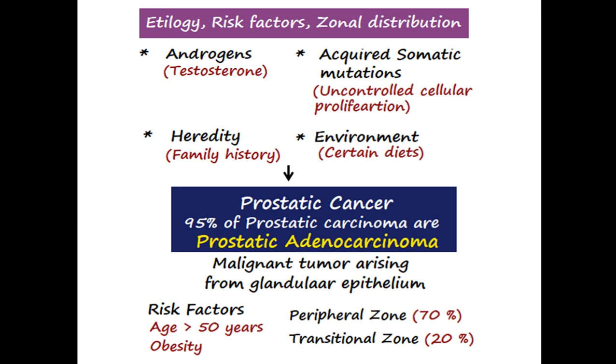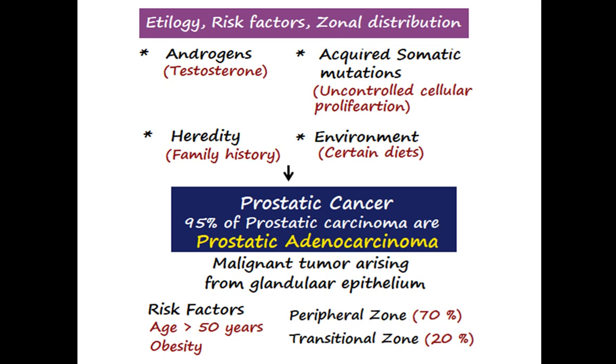So the androgens, particularly the testosterone, which is secreted by the Leydig cells of the testicular tissue, and also some testosterone and androgens are secreted by the zona reticularis of the adrenal gland. The testosterone or androgens have a very important role in the acceleration and propagation of the carcinoma prostate.